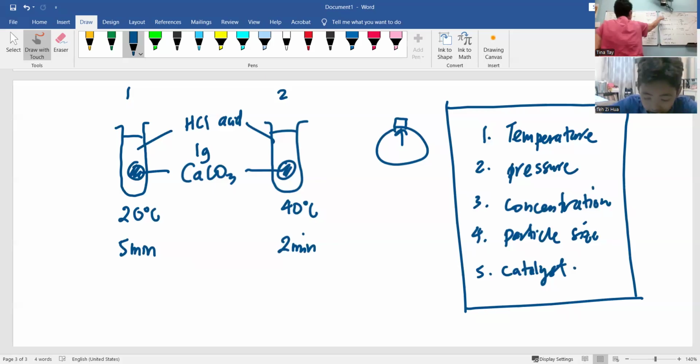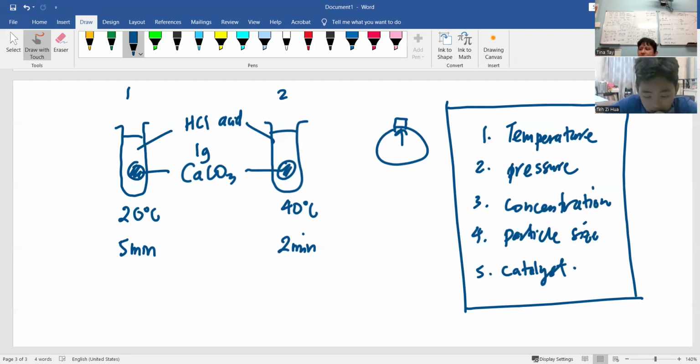And then particle size. Do you know what particle size means? That means if it's powder or a piece. Okay. So which one will have a higher rate? The particle size smaller or the particle size bigger? I want you to think.